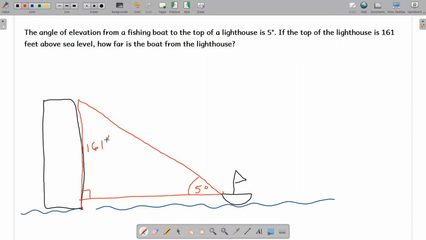And we're trying to figure out how far the boat is from the lighthouse, which would be this side right here. So we've got the opposite and adjacent sides of this triangle. So I'm going to set up tangent of 5 degrees is equal to 161 over x. So now I need to multiply both sides by x.